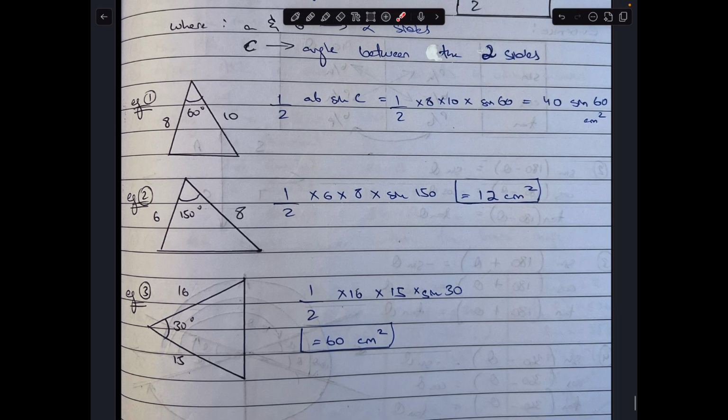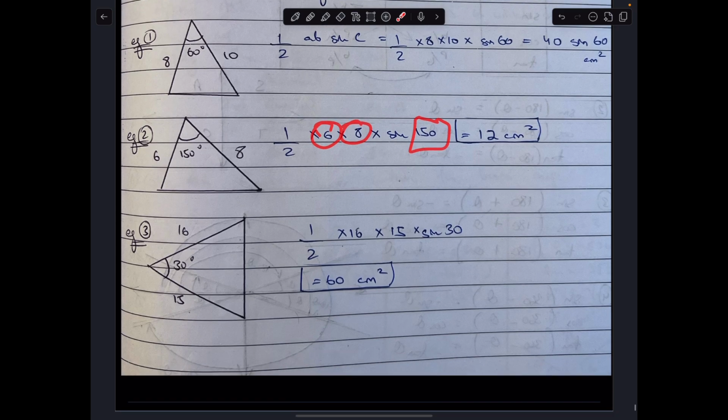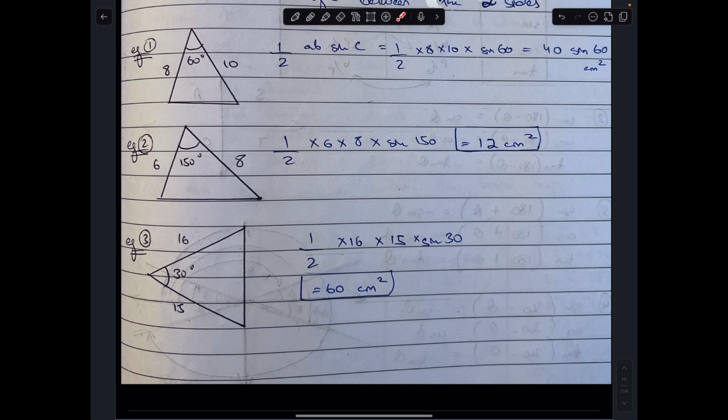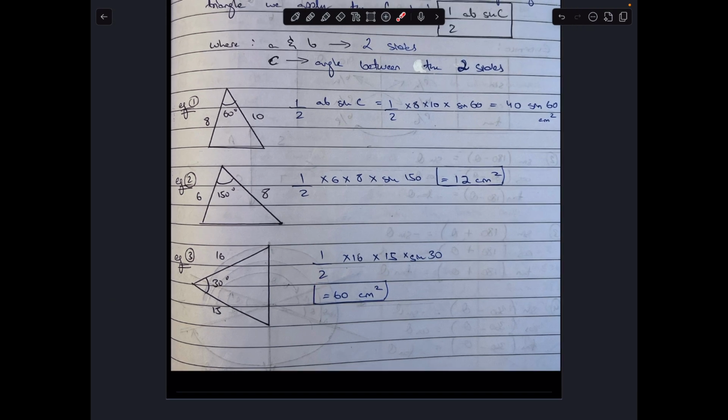Similarly, we use this, and the area for this turns out to be 12 centimeters squared after we substitute the values appropriately. And this is the final example. Half ab sine C is the formula. C is the angle between the two sides, and thus our answer turns out to be 60 centimeters squared.